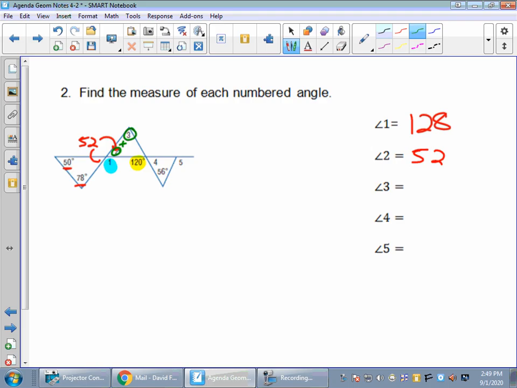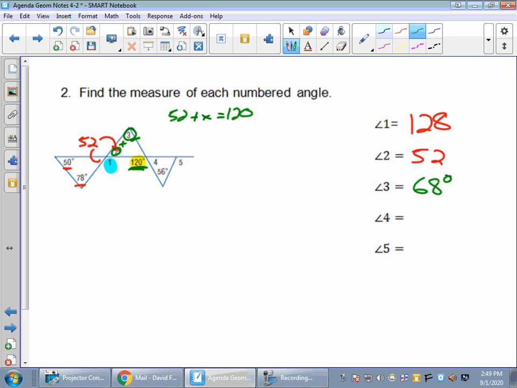So it's basically going to be 52 plus x equals 120. If I subtract 52 from 120, I would get angle 3 to be 68 degrees. Because that 120 here has to be equal to angle 2 plus angle 3, and since we know what angle 2 is, we can figure that one out.